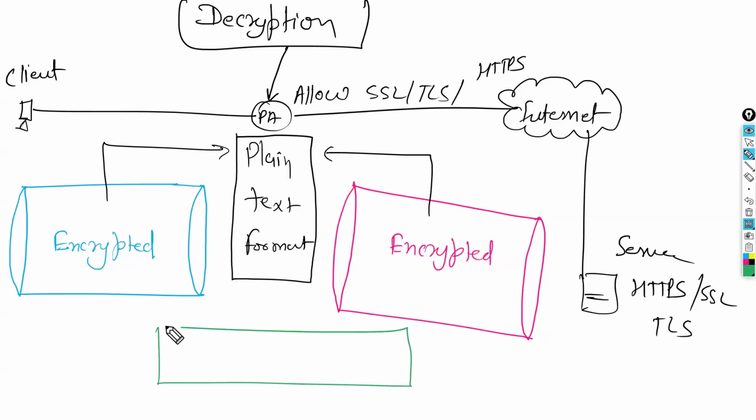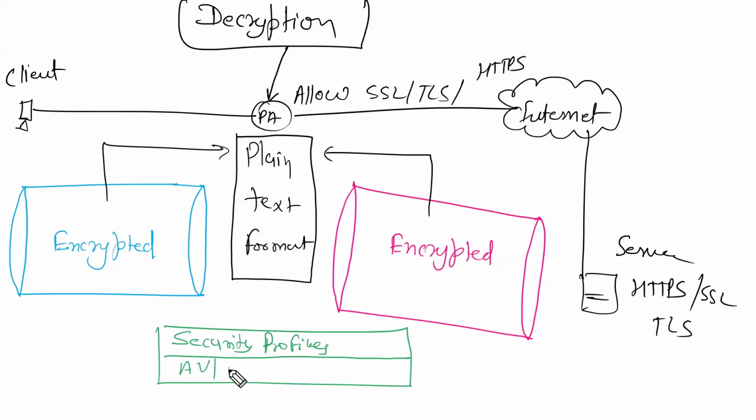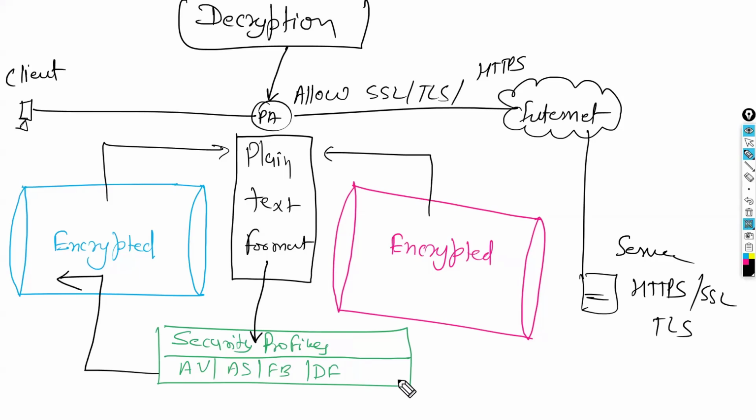We can deploy security profiles. In security profiles, we have antivirus, anti-spyware, file blocking, data filtering profile. Now, this plain text data will be offered to security profiles. Security profiles will remove the impurities from data. Now, clean or pure data will be sent to the client or to the server.